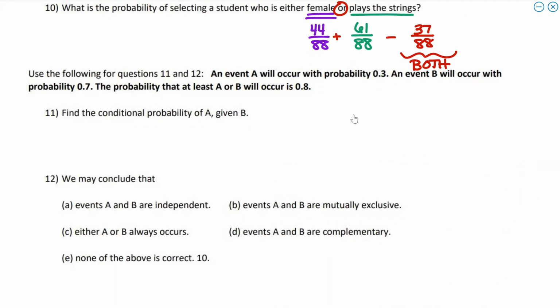What do I get when I add all that up? 68 out of 88. Or if I change that into its decimal form, that's going to be 0.7727.